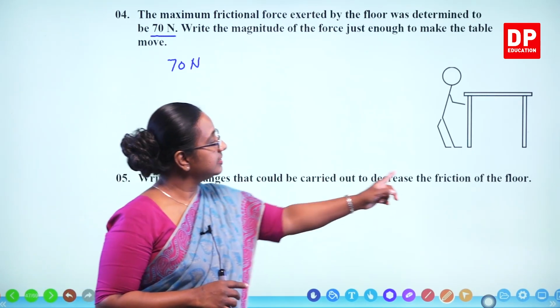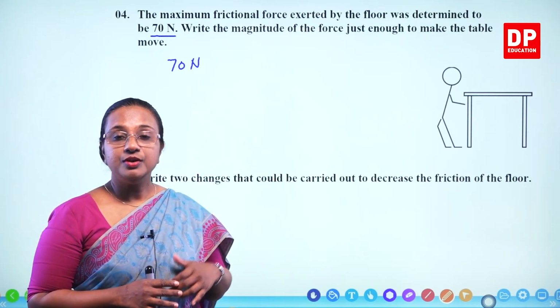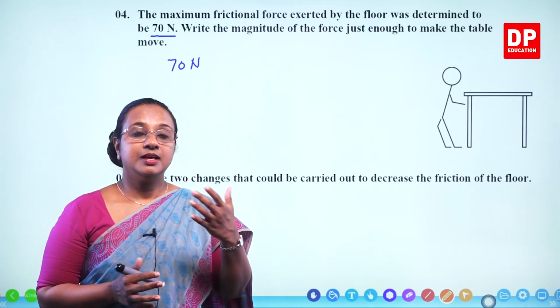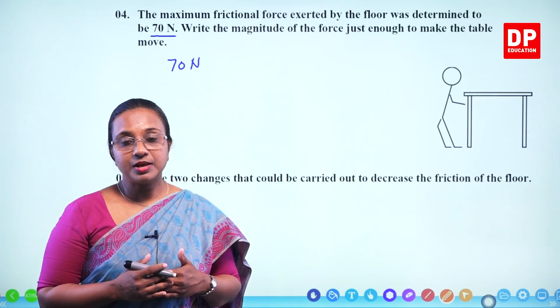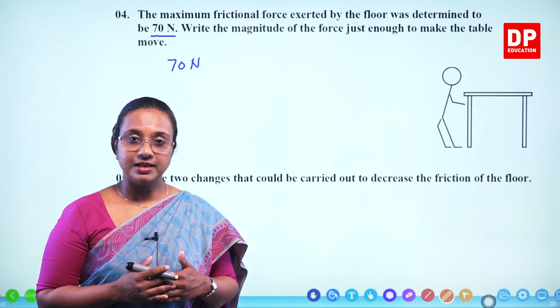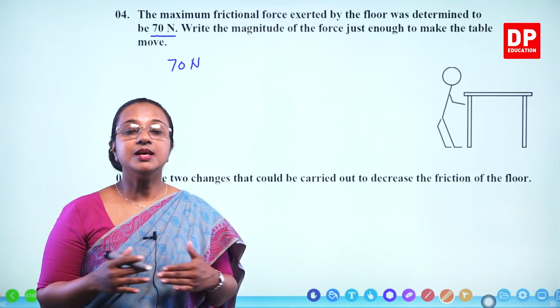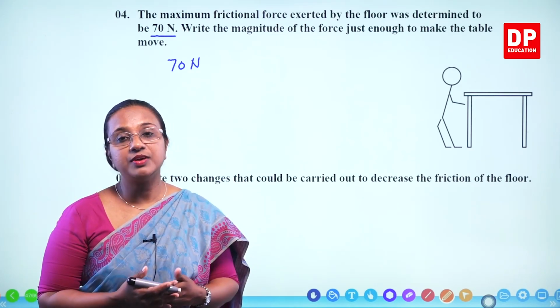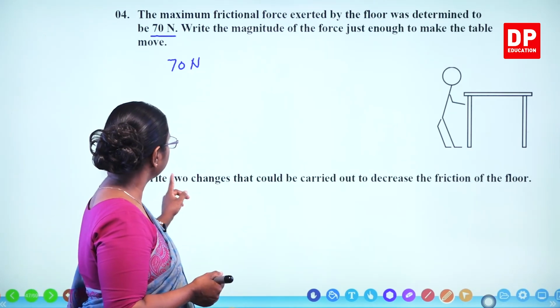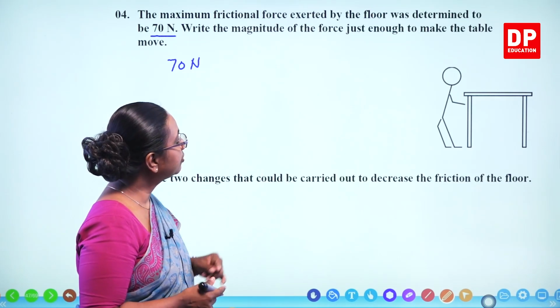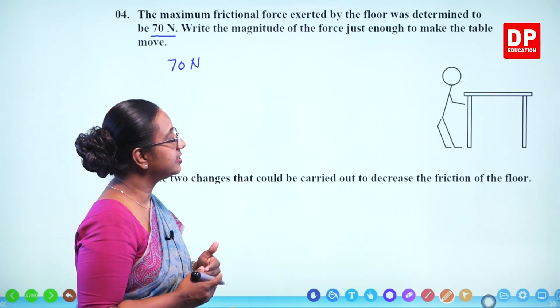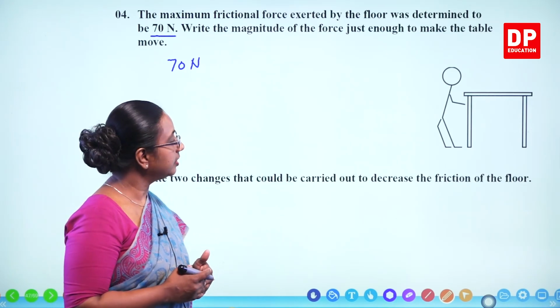But here, since they ask about the floor, we can't use roller bearings or ball bearings. Those are used in machines or parts of vehicles. So here, write two changes that could be carried out to decrease the friction of the floor.